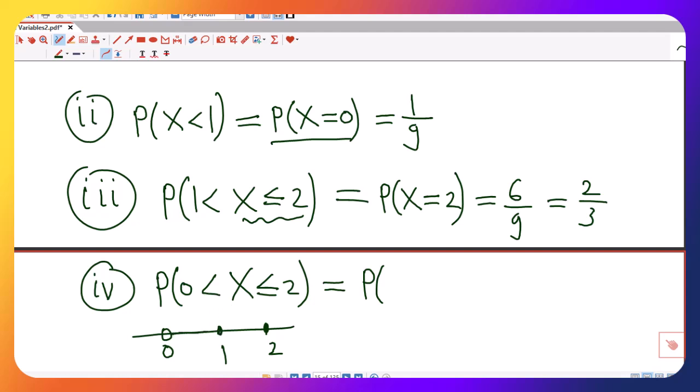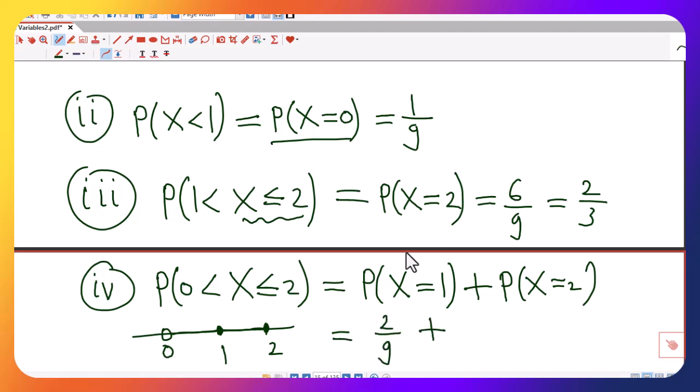So in this interval, the probability mass function is non-zero at these 2 points only, at x equal to 1 and at x equal to 2. At x equal to 1, the value of the probability mass function is 2 by 9, and at x equal to 2 it is 6 by 9. So here we have 8 by 9.